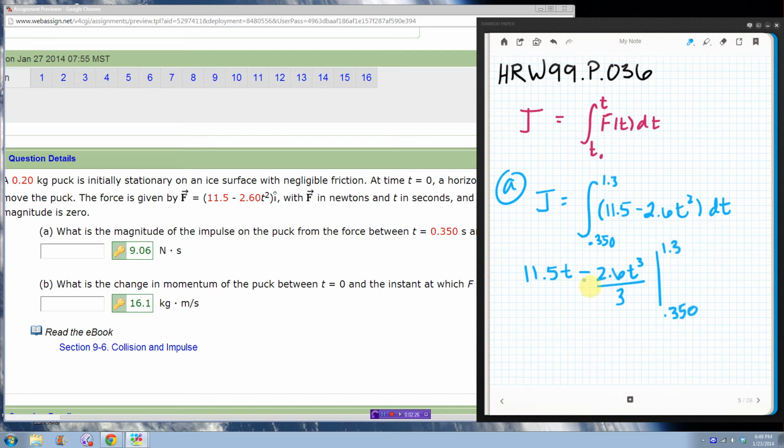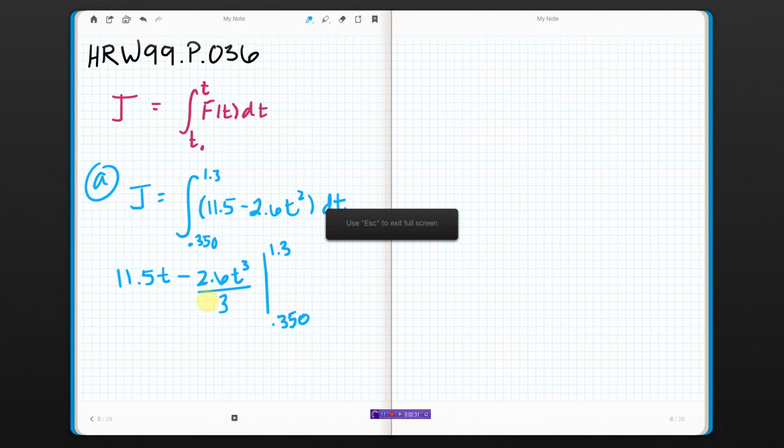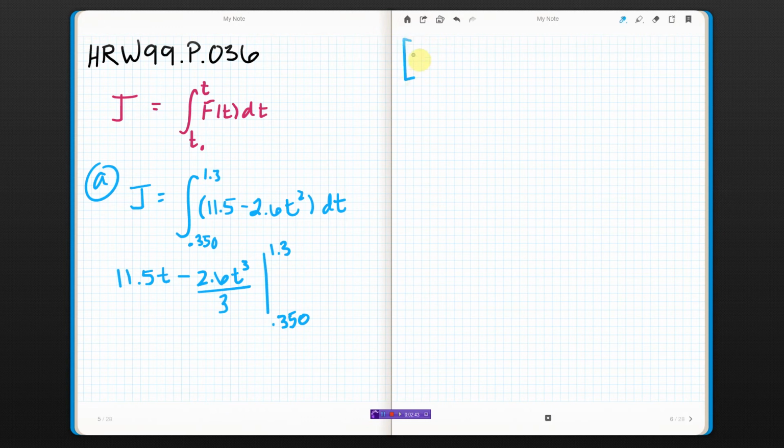Alright, so now I just got to evaluate that. So remember, you always evaluate top number and then minus bottom number. If I evaluate this with the top number first, remember you put the top number wherever t appears. 11.5 times 1.3 minus 2.6, 1.3 cubed over 3, minus, do the same thing but with the bottom limit.